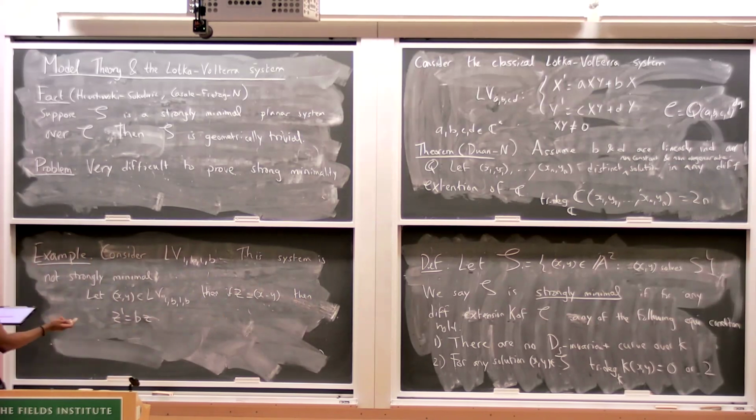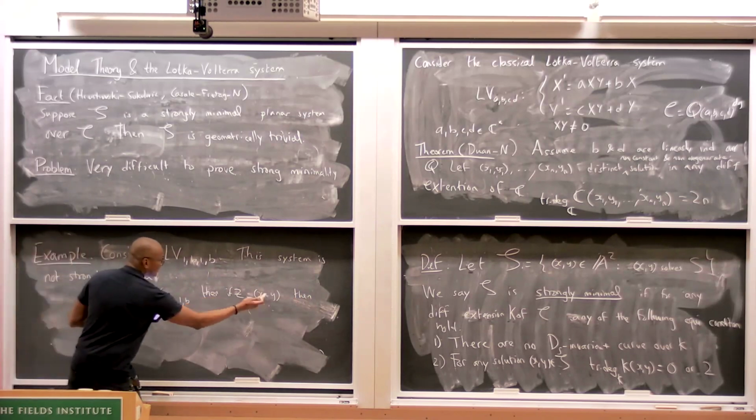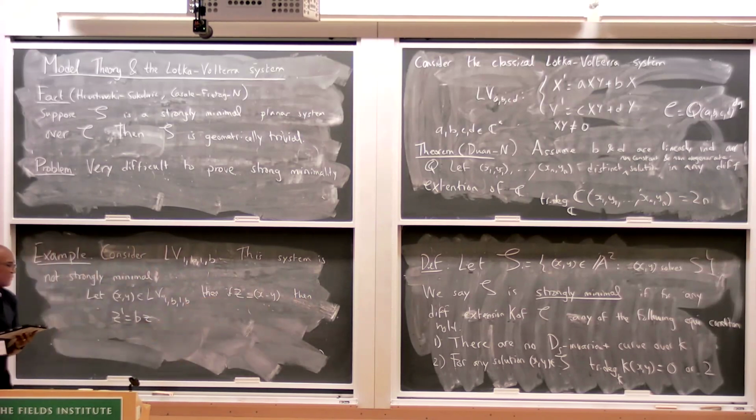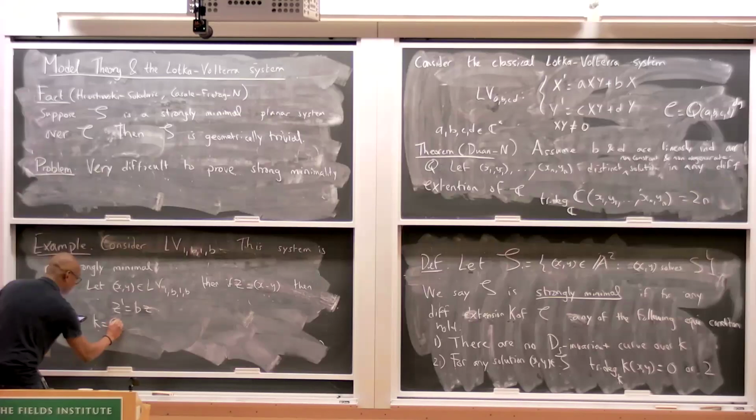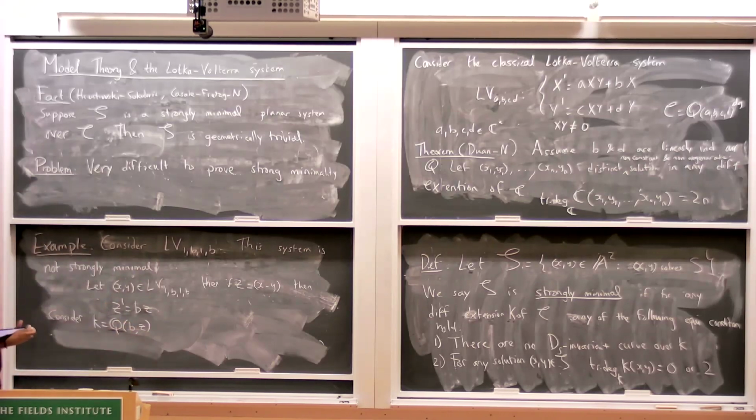And so in a way, the difference between the coordinates of the solution is an exponential function. All right? And now you can consider the field K to be the field Q with the parameter B, and then I adjoin that z to it. So that's a differential field. And I claim that over this field, you have infinitely many invariant polynomials.